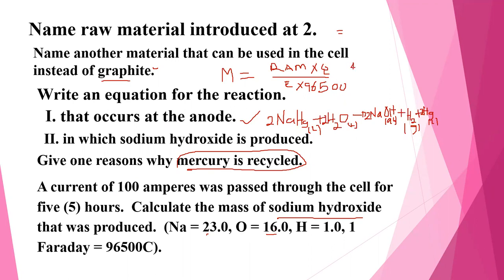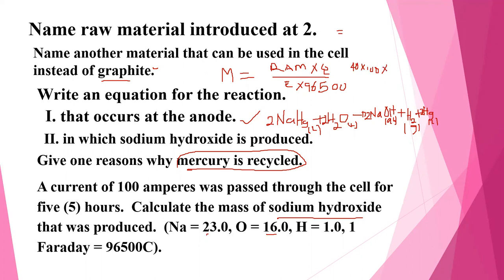So we'll have 40 times Q. Q is I times T. I is the current, which is 100, times T, which is 5 hours.